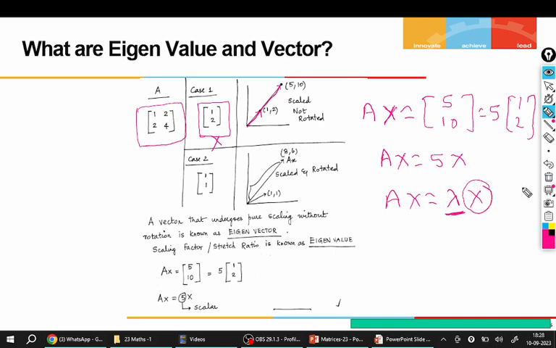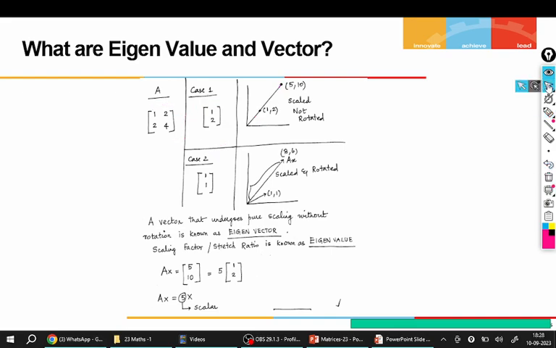This is a very simple definition of eigenvalue and eigenvector. Matrix multiplication becomes equivalent to a scalar multiplication.